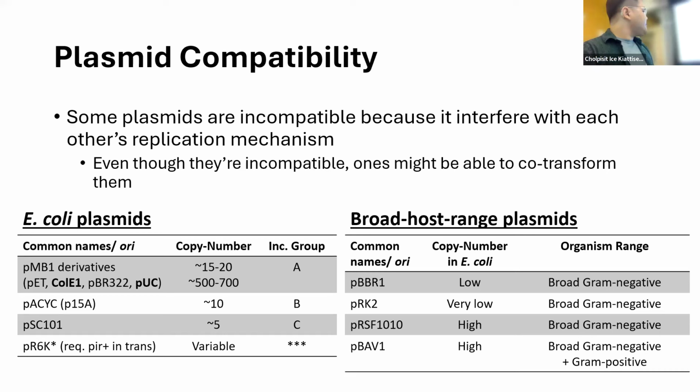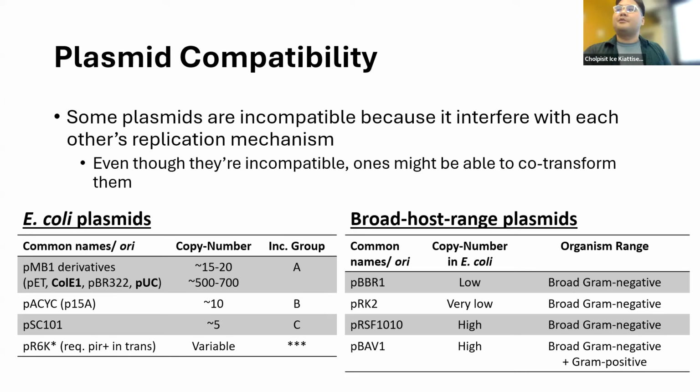So in this case, one good example is in E. coli. If you have the pMB1 derivatives, which cover the pUC, pAP plasmid, or ColE1, or pBR322, if you're working with these plasmid derivatives and you try to put the same plasmid system into the same cells, then they will likely share some replication mechanism with themselves.